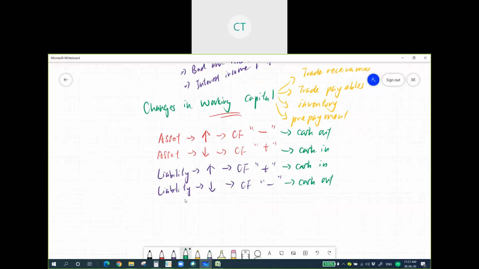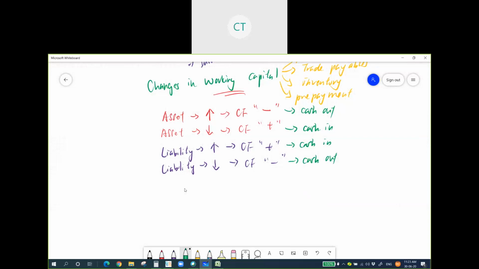Alright, very good. And then the next thing that we are going to do in our cash flow statement is to adjust interest received or paid, and also adjust tax refund or tax paid.